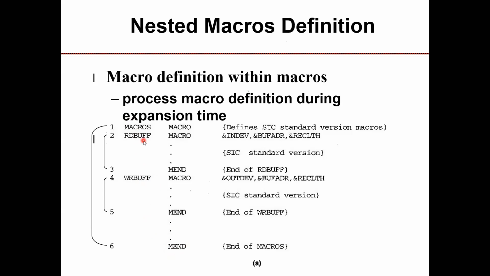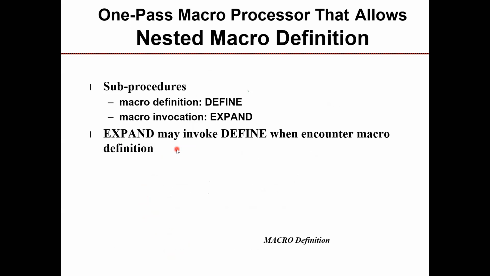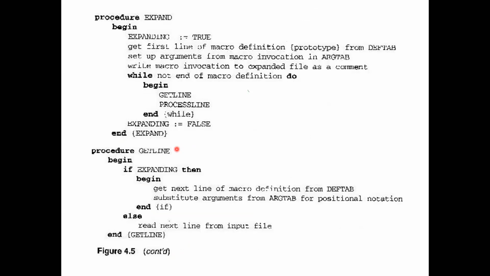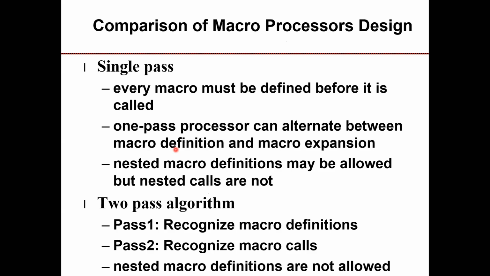Given this kind of topology and sequencing, we would have to have defined read buffer outside of this macro before we could call it. So we can't really support nested macros because we can't write them that way if we're going to do a two-pass macro processor. So nested macros, we can't support them in a two-pass.